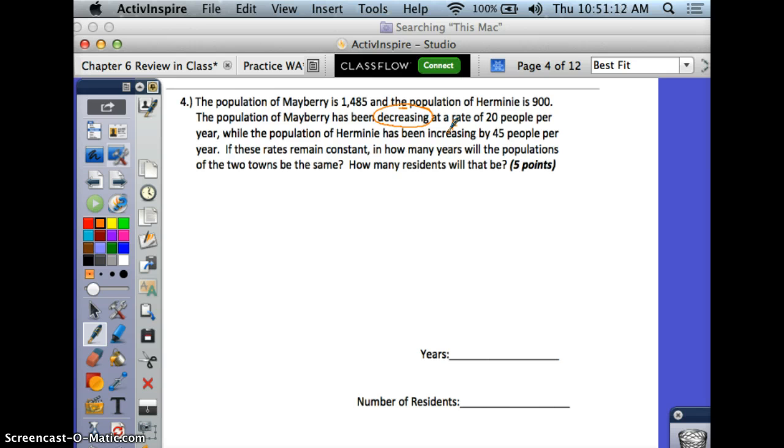If these rates remain constant, in how many years will the populations of the towns be the same? How many residents will that be? Well, we know that our two variables then, x is going to equal the number of years, where y will equal the total population.